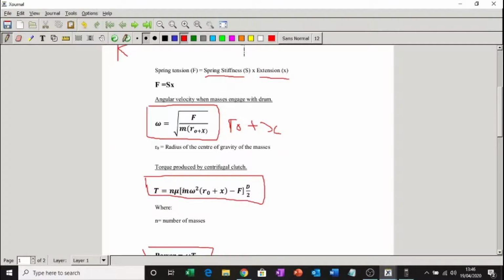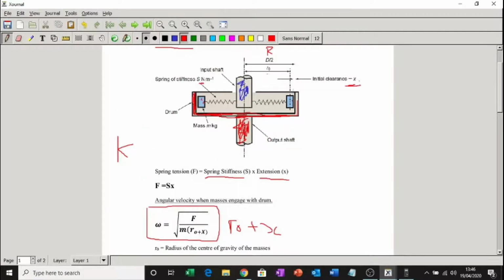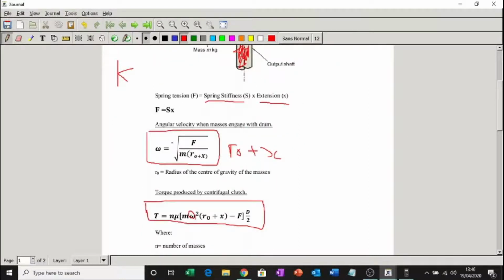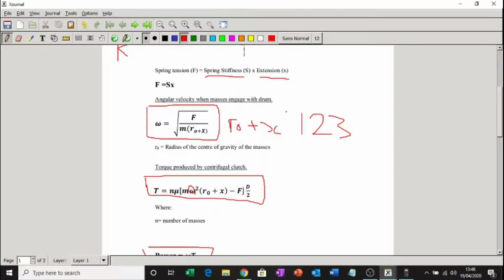And then we can use this formula to work out torque. Torque produced by the centrifugal clutch at a certain angular velocity. Obviously, if these things haven't engaged, there's no torque produced. So if this number here comes to, say, I don't know, 123 radians per second, then we can work out the torque produced at that number using this formula here, which we'll get onto in a bit.